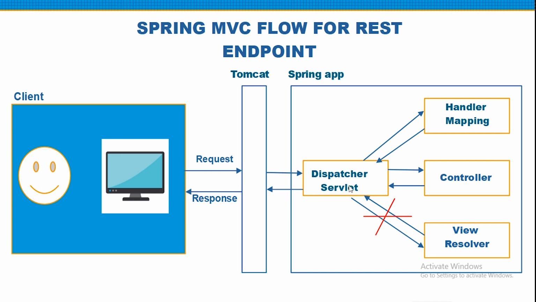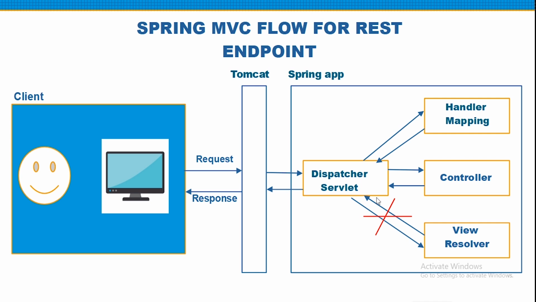In a normal Spring MVC flow, when the controller action returns that name, the dispatcher servlet delegates the responsibility of finding the view to the view resolver. If the view resolver finds the view, it will return it to the dispatcher servlet. Then the dispatcher servlet will return this view to the client.